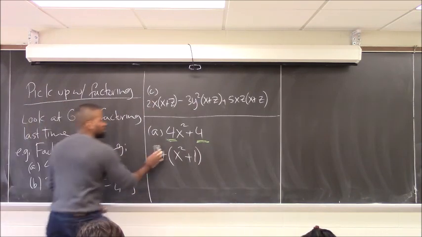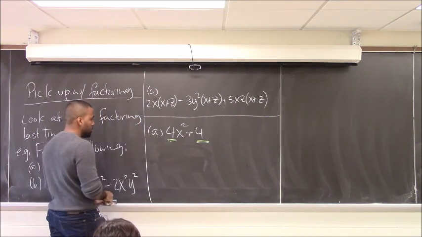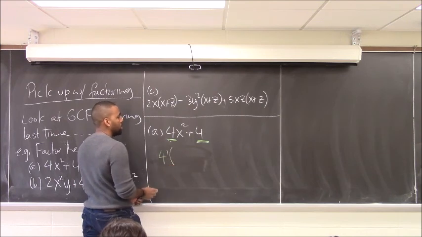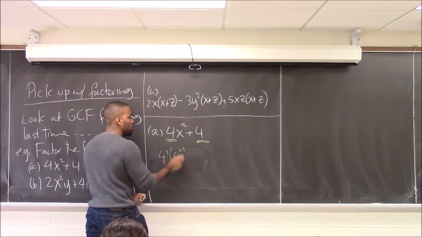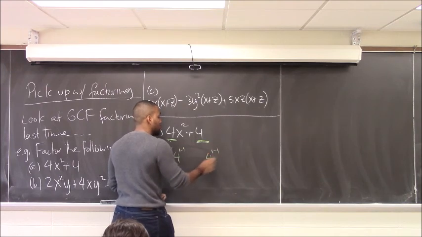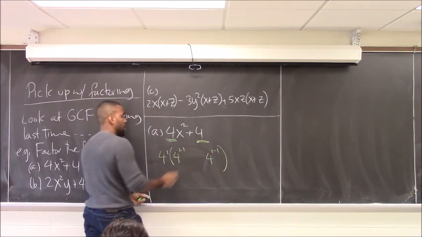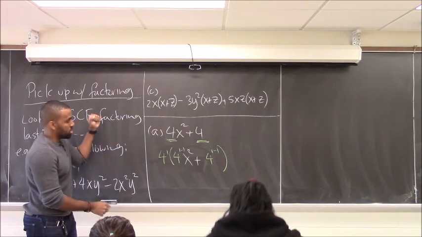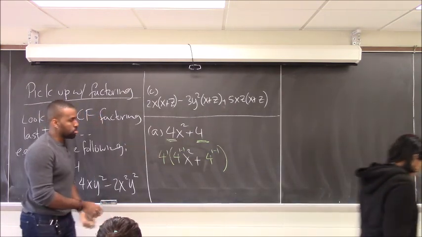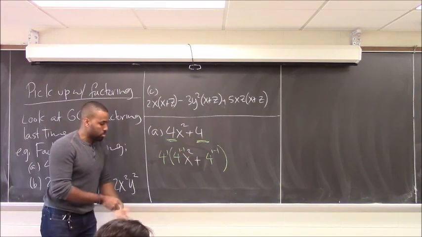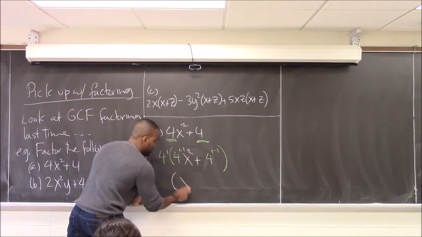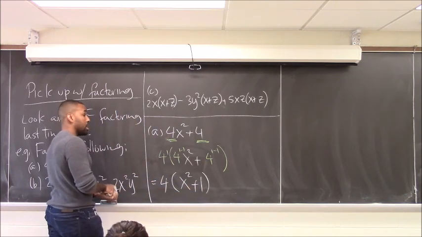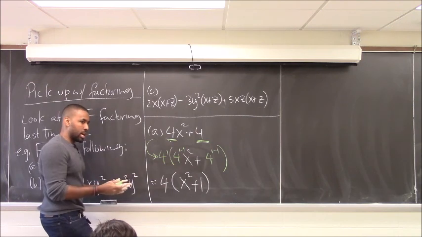Technically speaking, when you pull out the 4, you subtracted the power that you pulled out, right? So you had the x squared and the plus sign here, but what happened to the 4s that were there in the first place? You subtracted the powers that you pulled out. You'd result in 4 to the zero in both cases, which becomes 1 at the end of the day, right? So again, be aware that that's what actually happens.